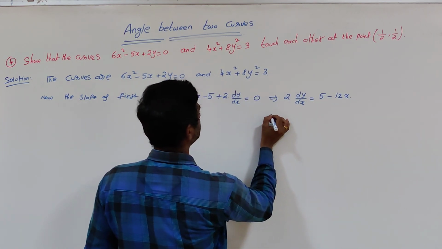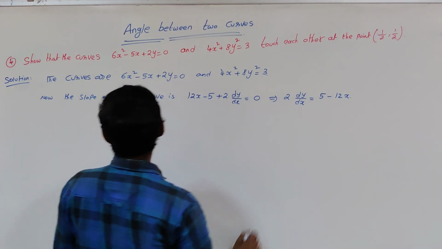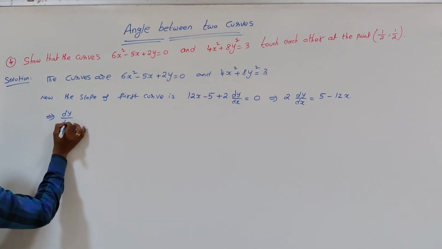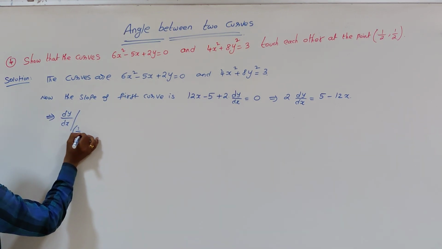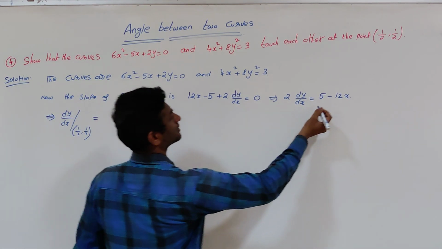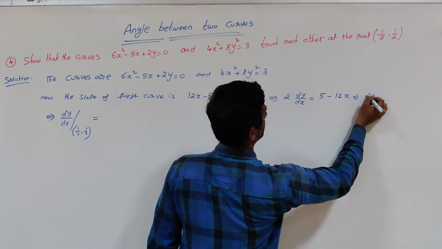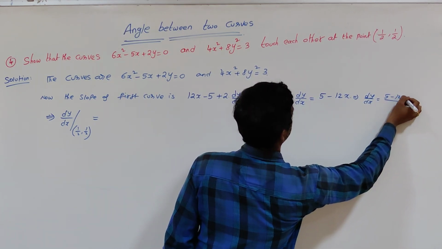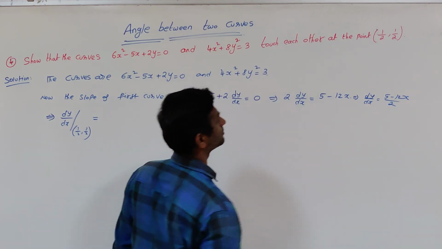At what point? dy by dx at 1 by 2 comma 1 by 2 is, so what we can have is dy by dx is equal to 5 minus 12x by 2.